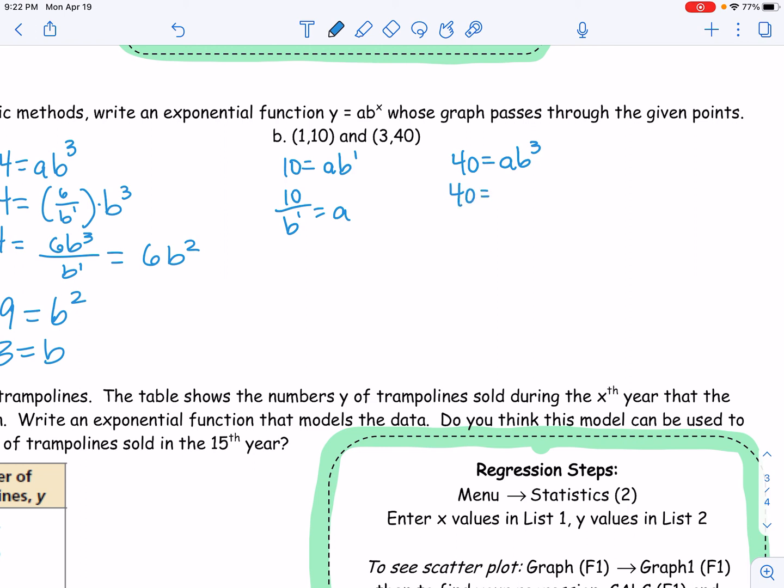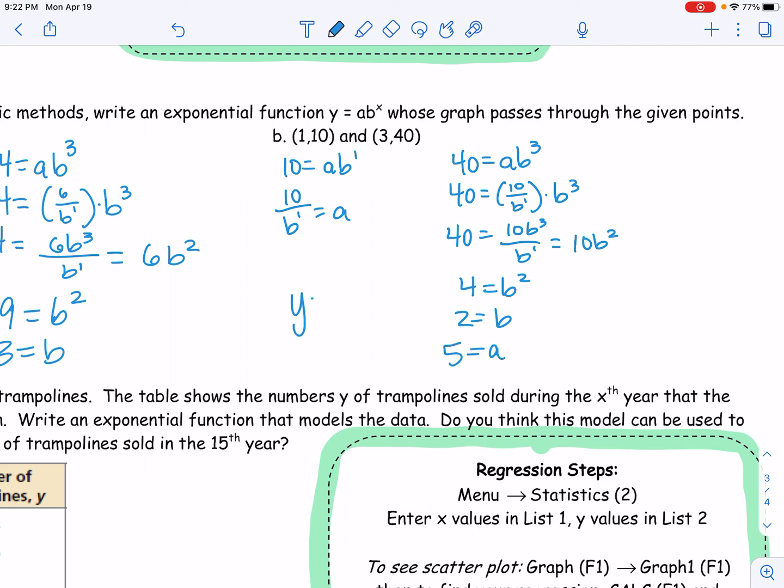So 40 is equal to 10 over b to the 1 times b cubed, which is going to be 10b cubed over b to the 1, which is just 10b squared. Solve for b, divide by 10 first. 4 is equal to b squared. Technically, b would equal plus or minus 2, but our base cannot be negative. So b is just 2, which means a would be 5 if I plug it back in.